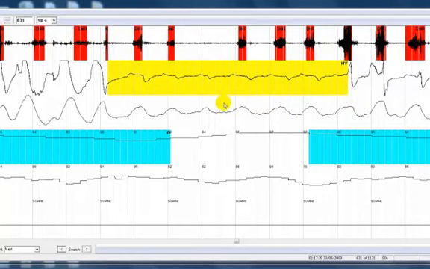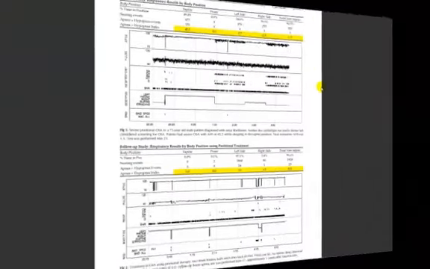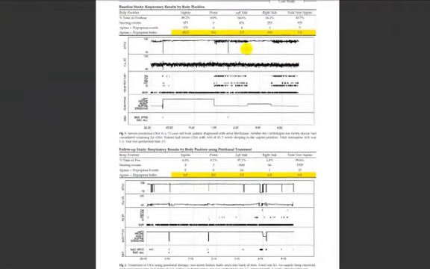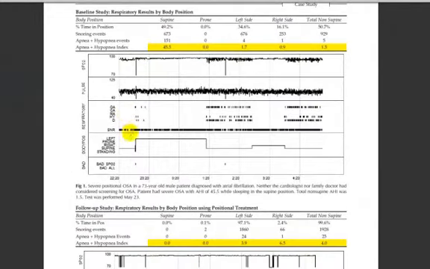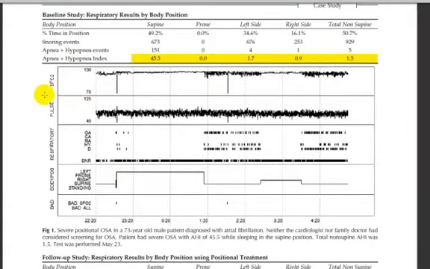Having discussed both apneas and hypopneas in detail, let's take a look at another phenomenon called positional apnea. Here is a case study which was recorded using the MediByte JR. In this instance, to really appreciate positional apnea, you have to take a look at the summary graph provided in the reports.